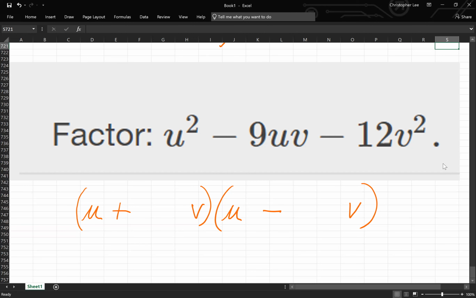No, that's like +6 plus +2, but we have -6 and +2. Because remember, the larger number is going to be negative. So what do we think? Not sure.